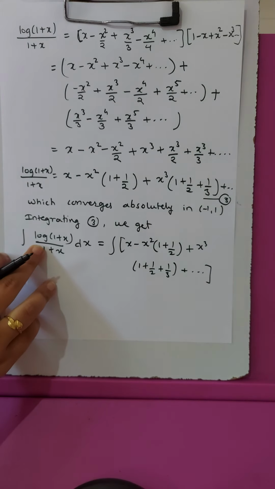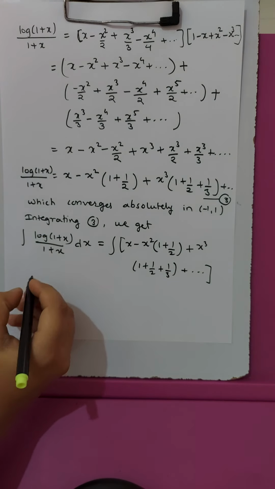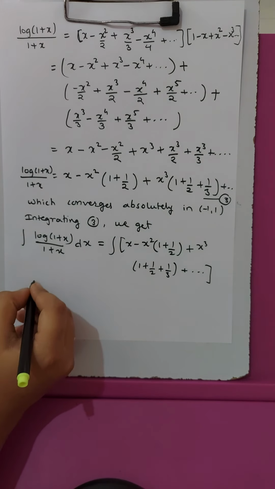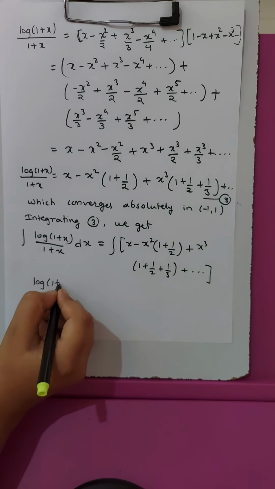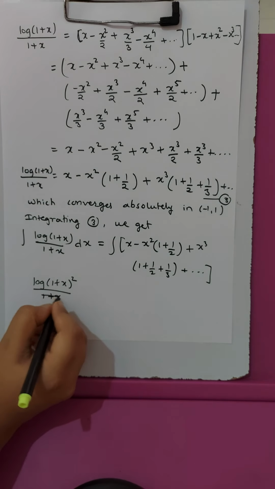So here 1 upon 1 plus x is the derivative of log of 1 plus x. So we can take the integration of this term as (log of 1 plus x) square upon 2.